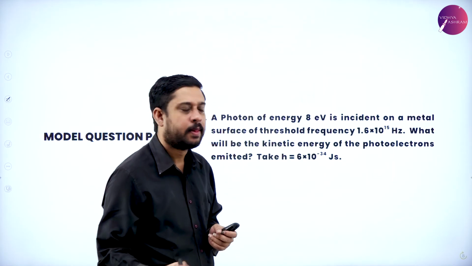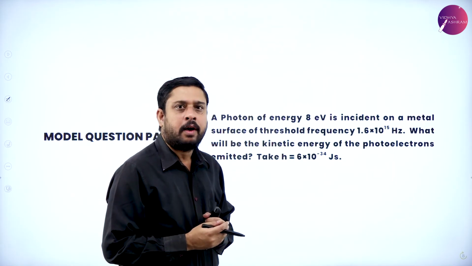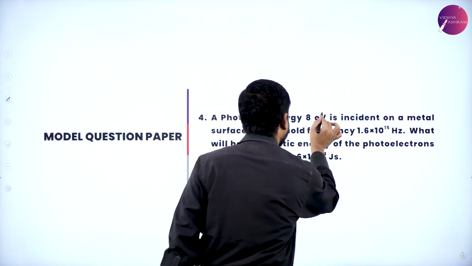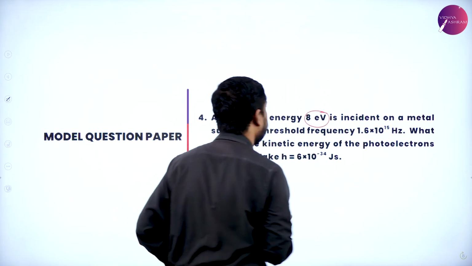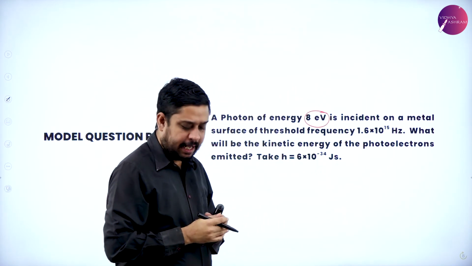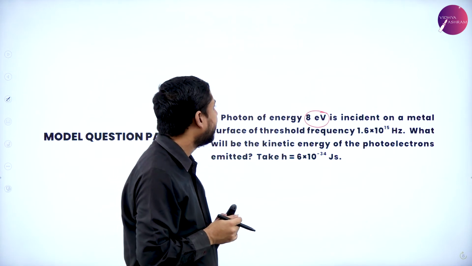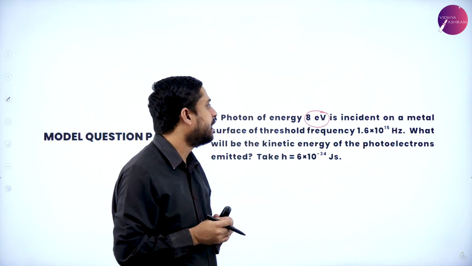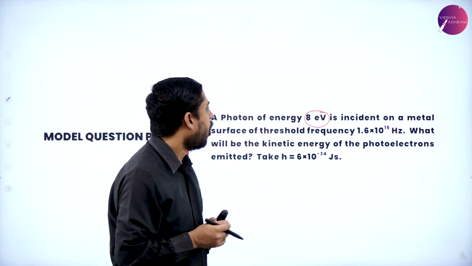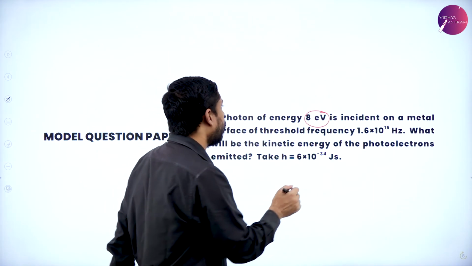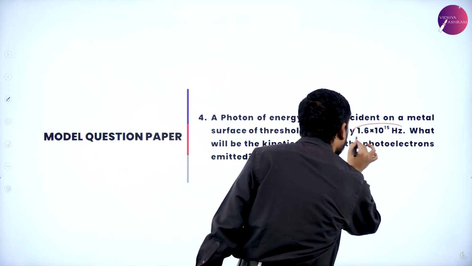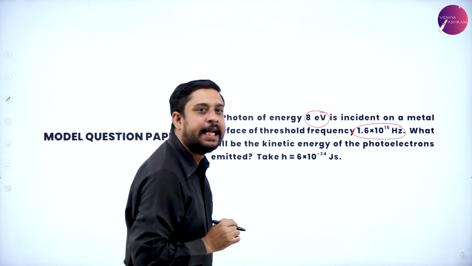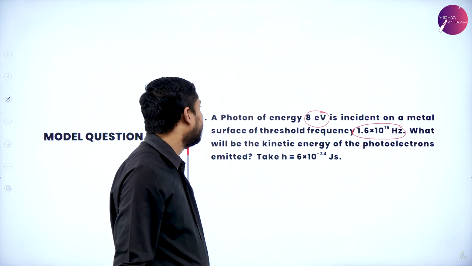The next one, a photon of energy 8 electron volt is incident on a metal surface of threshold frequency 1.6 into 10 power 15 hertz.